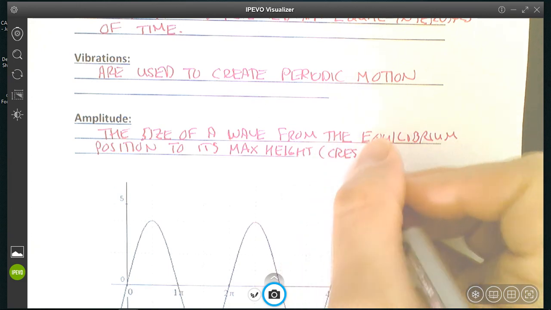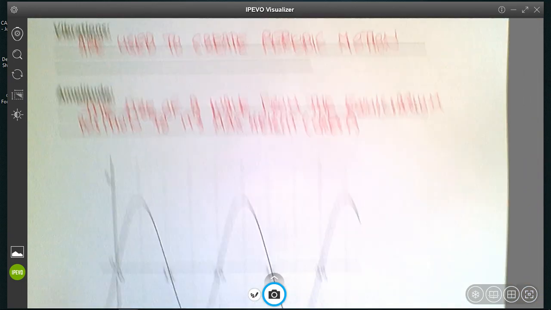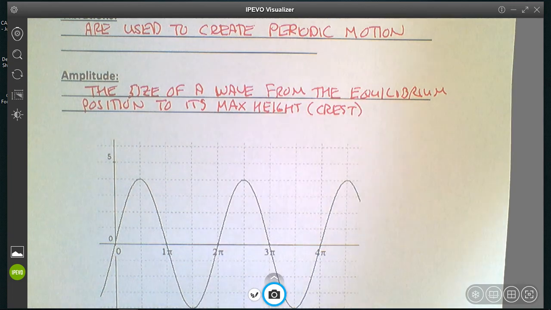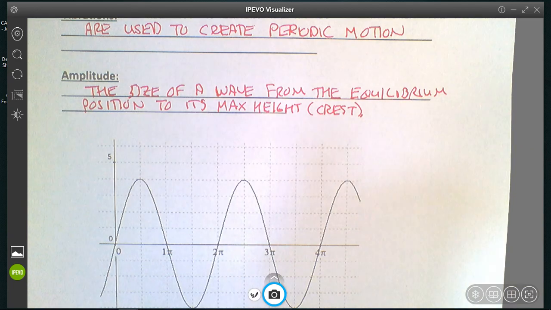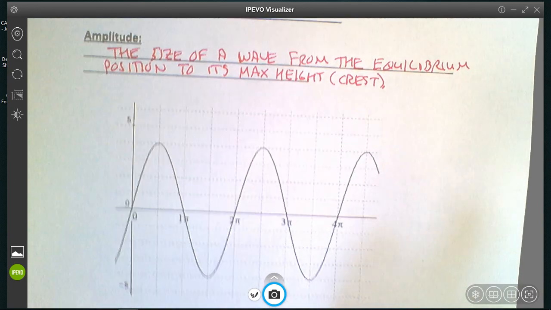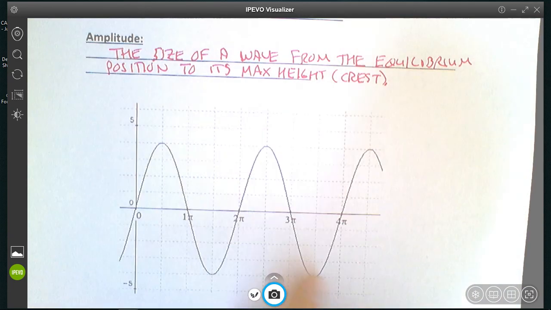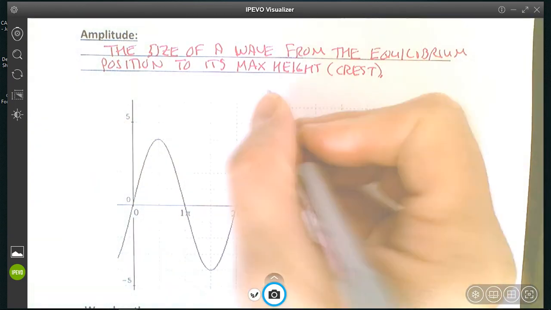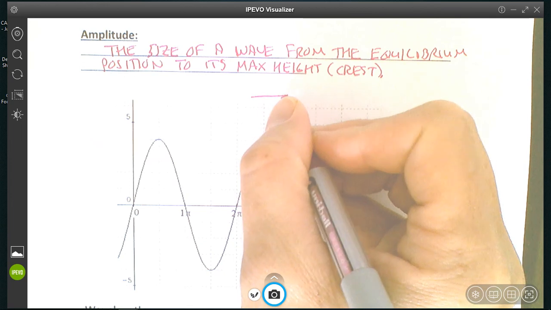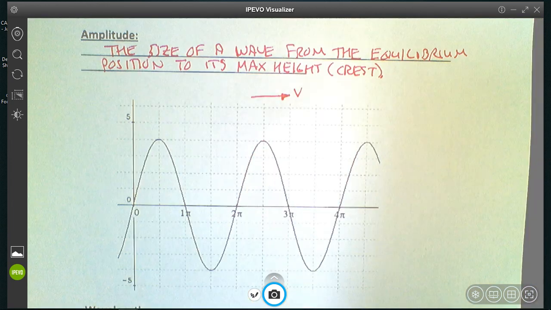The amplitude is also to its max down below, which is the trough. Okay, so what does this look like? Well, here's something that's a wave that typically you would think of as undergoing periodic motion. This wave would transmit, if it's in a material, at a very specific velocity.